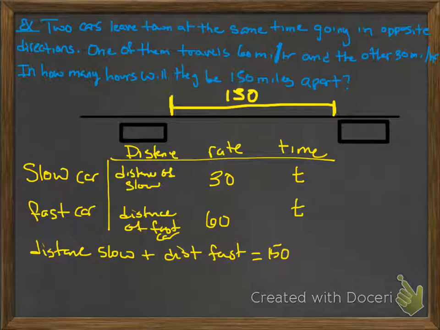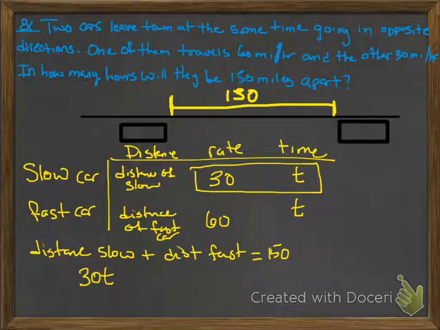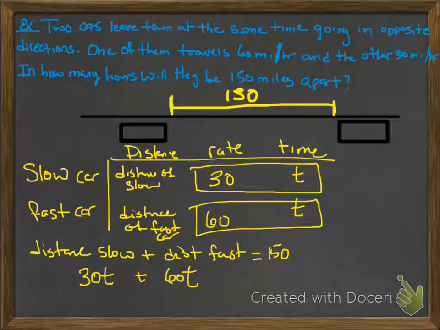Well, distance is equal to rate times time. So the distance of the slow car is just equal to 30 times t, which is 30t. And the distance of the fast car is equal to 60 times t, so plus 60t is equal to 150. So that is that 90t is equal to 150.